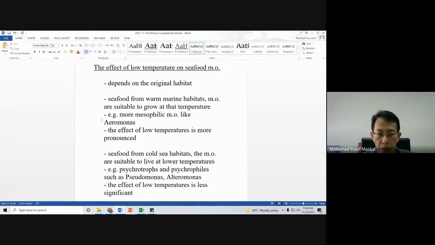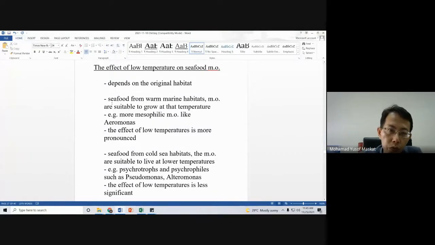For example, we have mesophilic, that is usually at room temperature, and then we have psychrotrophs, which can withstand lower temperature. We have psychrophiles, which live at lower temperature, and thermophiles, which live at high temperature. So all based on temperature, we have all these categories for microorganisms.